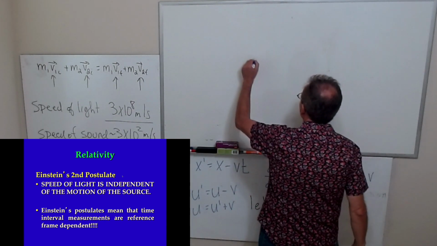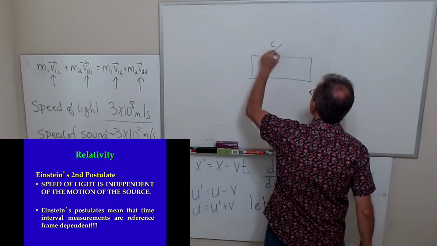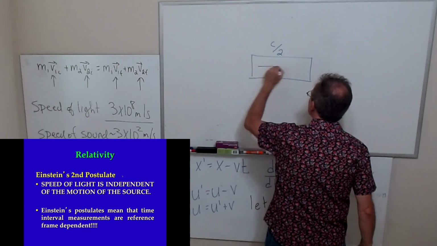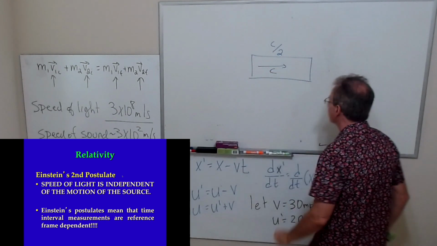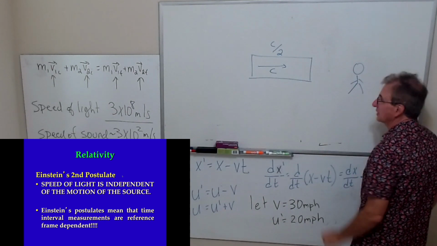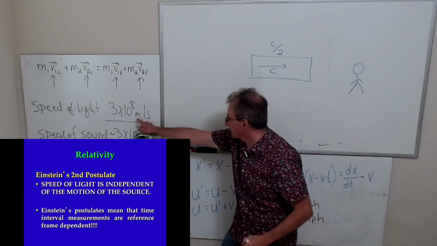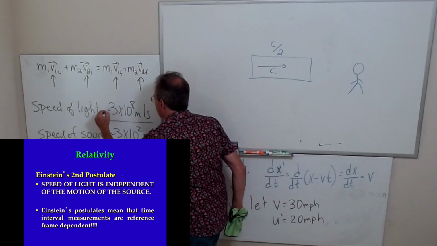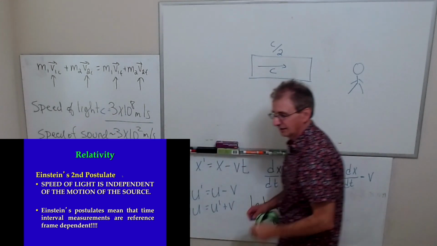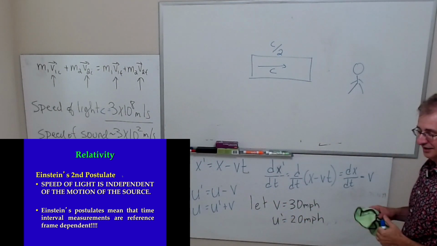If you're on a bus that's moving really fast, let's say half the speed of light, and you shine a beam of light at c, somebody over here is going to measure the speed of that light beam to be this value. It doesn't matter. That's what it says. Which is bizarre.